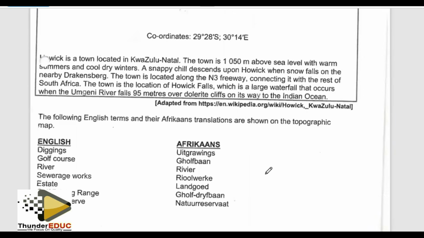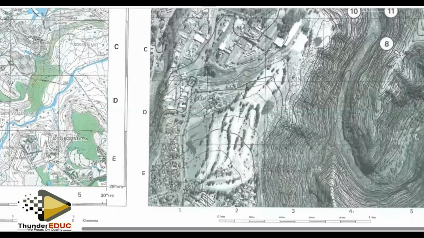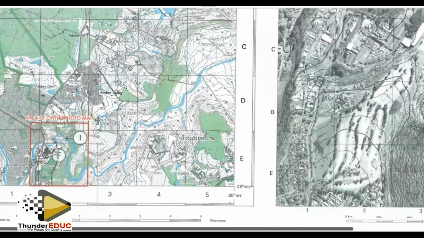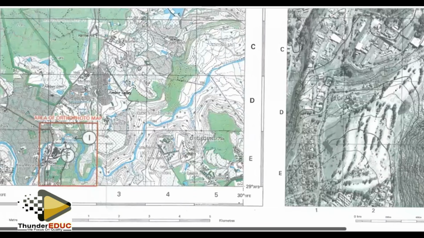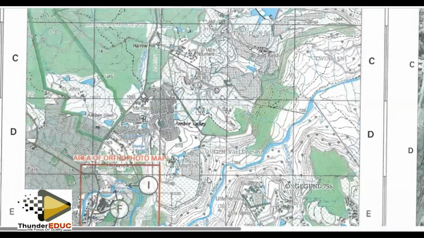So the first question, 3.1.1: in the topographical map index 2930SC, the 29 and 30 indicate. Let's check on our Howick map and zoom in a little bit.